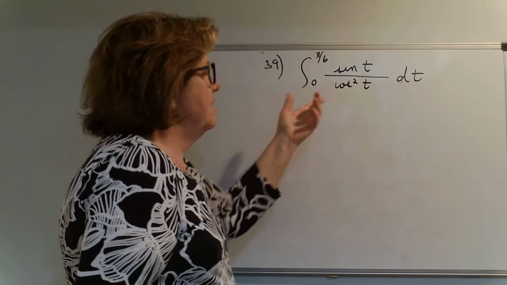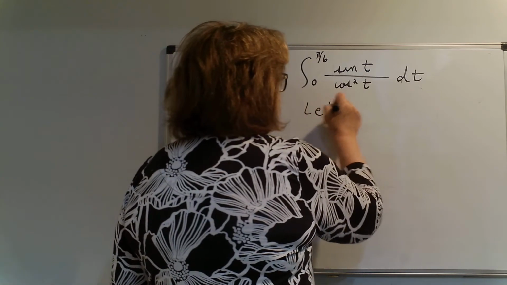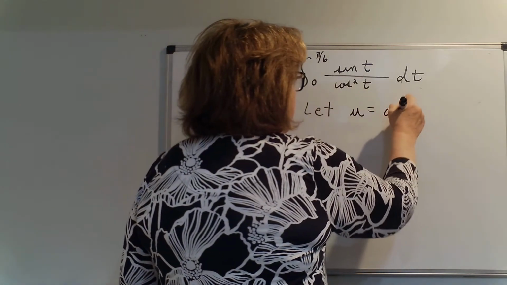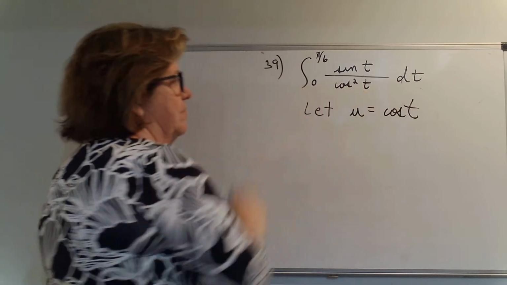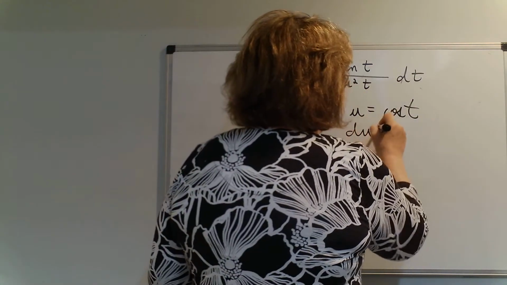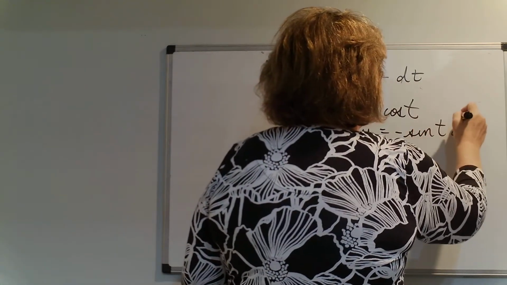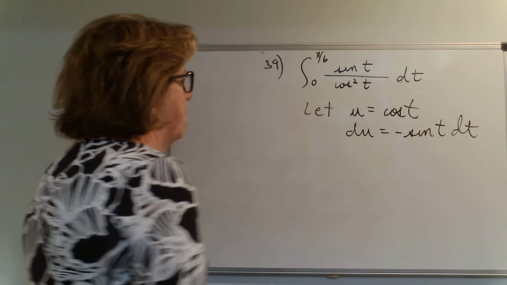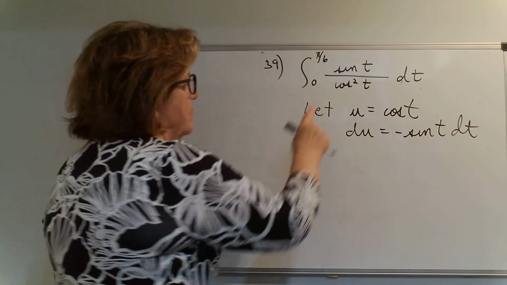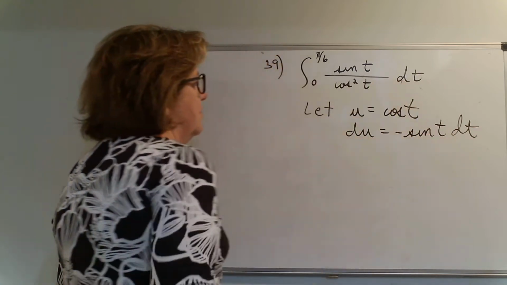So it's usually a good idea to let u be whatever the power term is. Then the derivative of u, the derivative of the cosine, is a negative sine. Notice we have sine of t dt. We can substitute that in there.